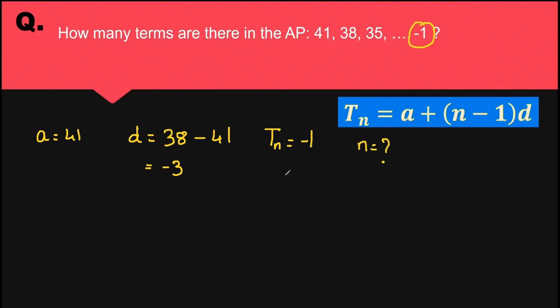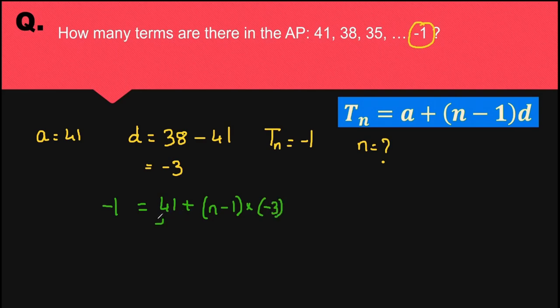We use this same formula and replace all the values that are given in the question. So Tn is negative 1 equals a plus, that is 41 plus, now we don't know n, how many terms, so we keep n minus 1 as it is, multiplied by d, that is the difference, negative 3.